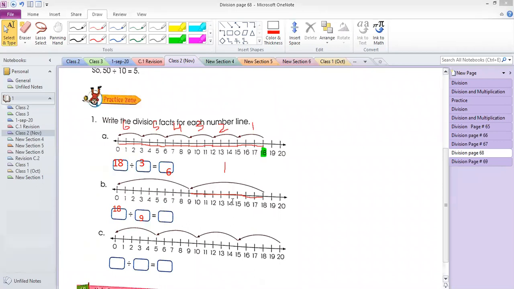Write it only one time. Good, very good.